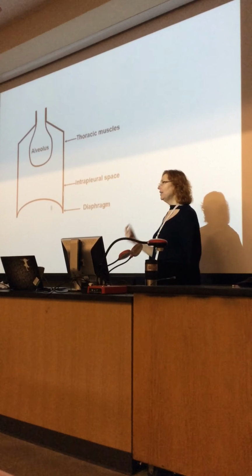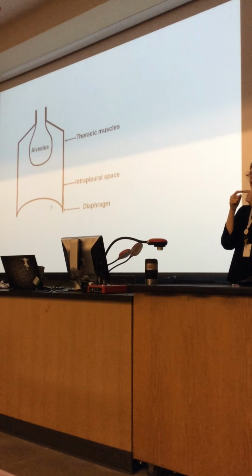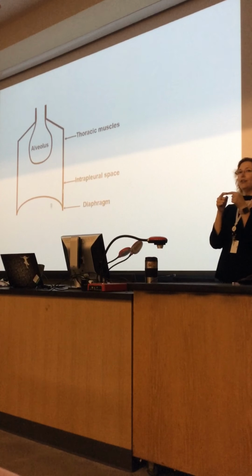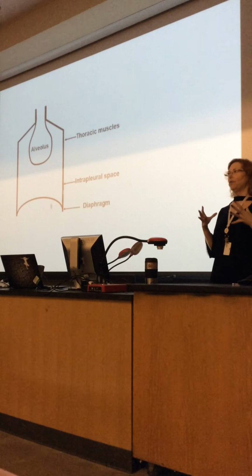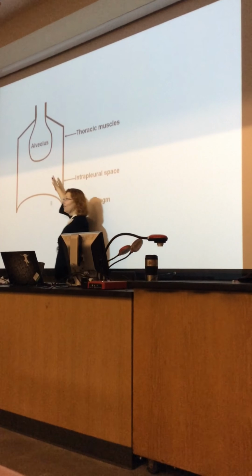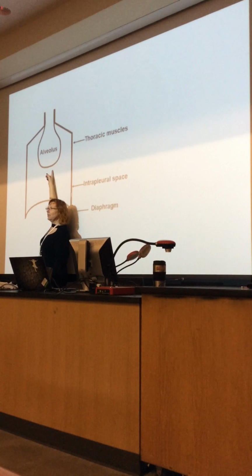And if you review the anatomy, those alveoli are connected to each other through alveolar pores in order to make sure that the pressure is equalized throughout the lung. So here, for simplicity, my entire lung is represented as this single alveolus.